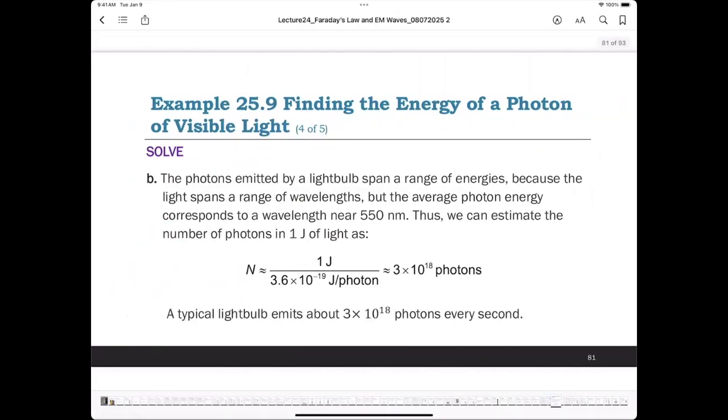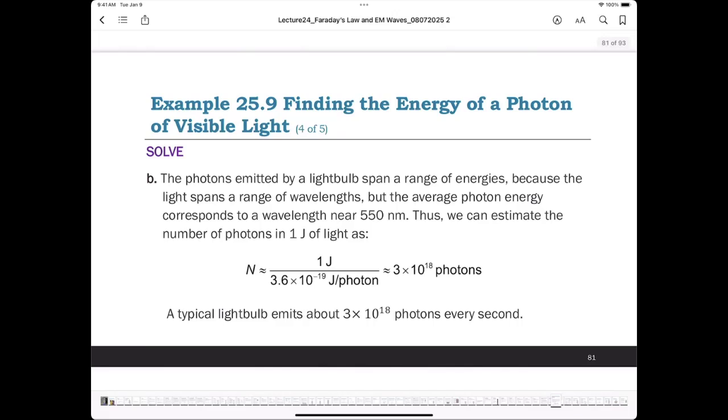The photons emitted by a light bulb span a range of energies because the light spans a range of wavelengths. But the average photon energy corresponds to a wavelength near 550 nanometers.